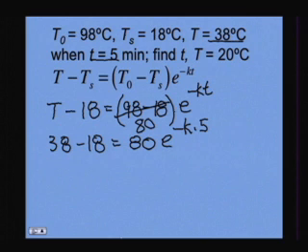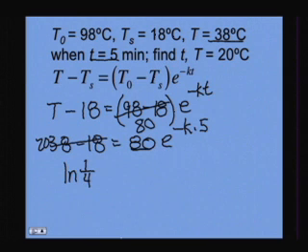Okay, so here, of course, is 20. We divide both sides by 80, and that would be 1/4 on the left-hand side. I'm going to take the log of both sides, so the natural log of 1/4, which, remember, we can say is the negative natural log of 4.